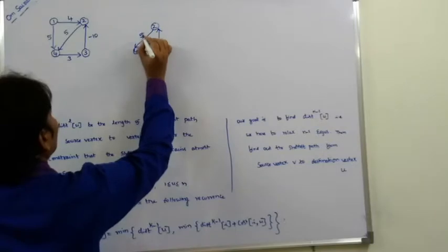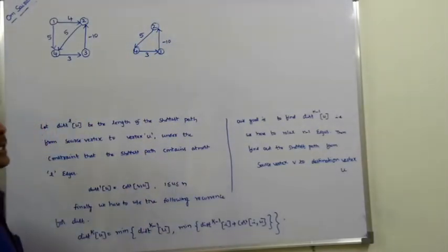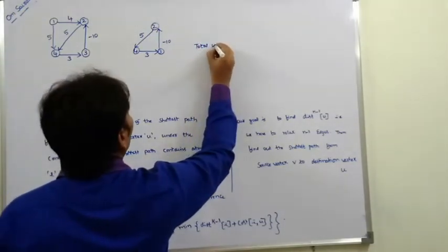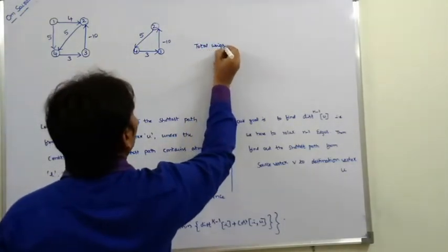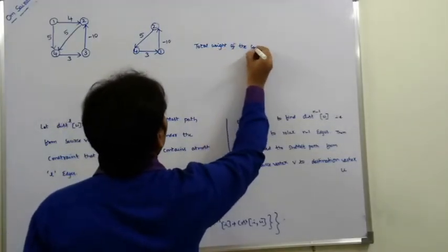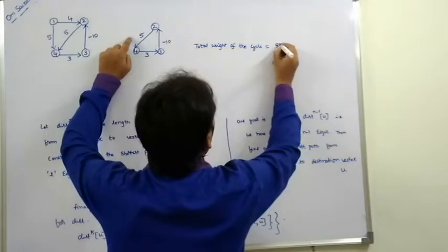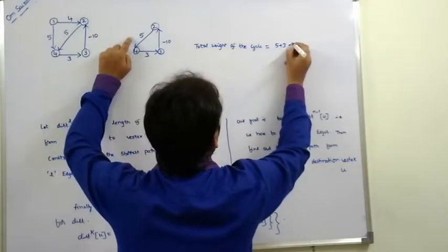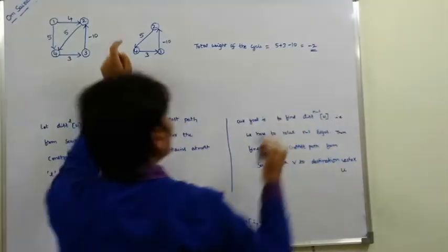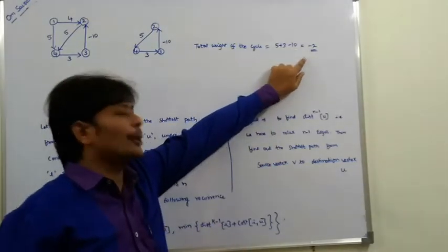So the total weight of the cycle is 5 plus 3 minus 10. So that is equal to minus 2. So the total weight of the cycle is negative.